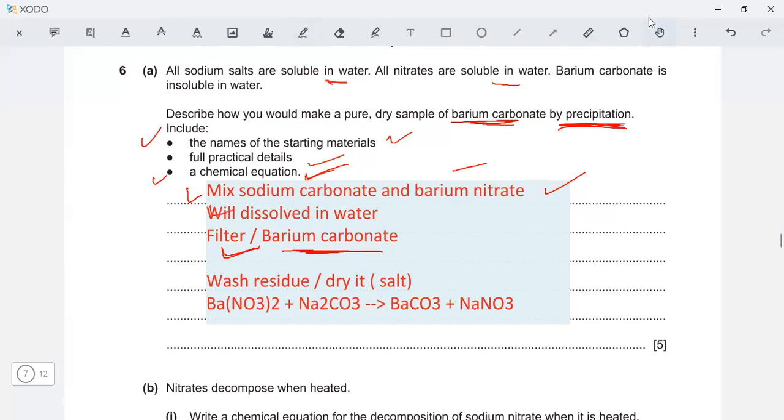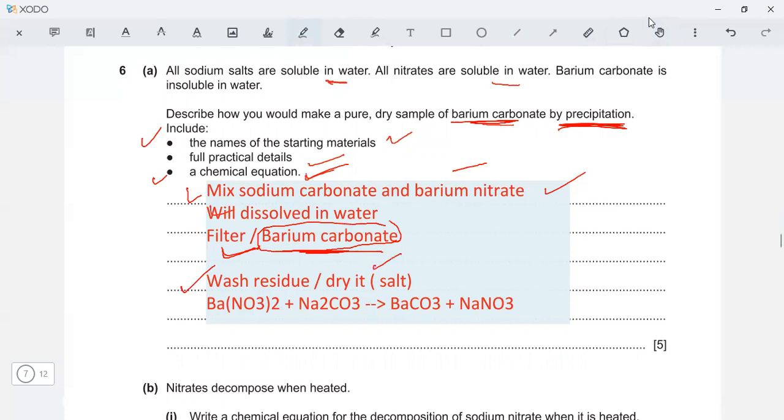After filtration, you have to wash the residue. The residue here is barium carbonate. Wash it properly, and after that go for drying. After you wash off the impurities, you take the residue, barium carbonate, and dry it.